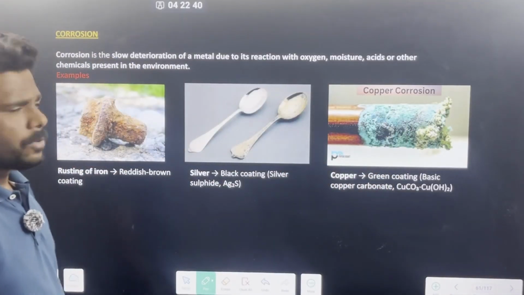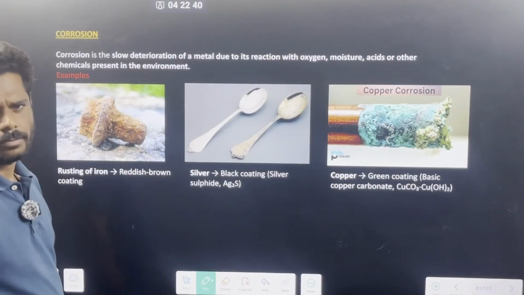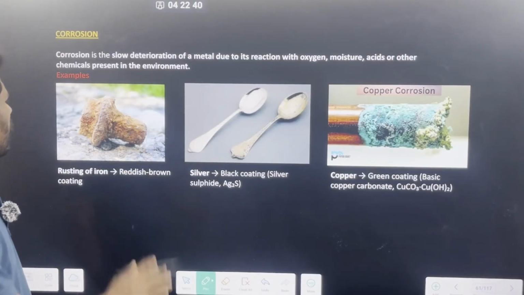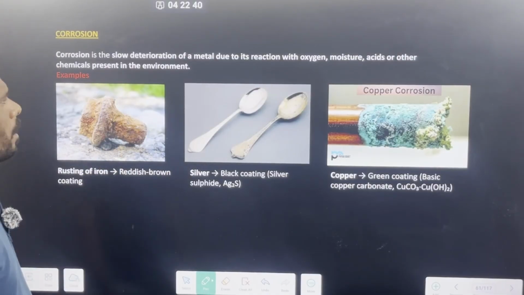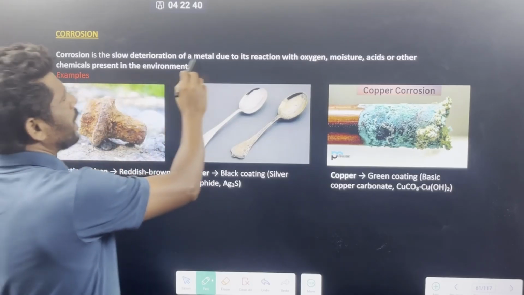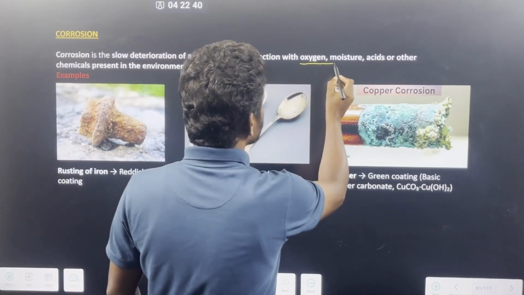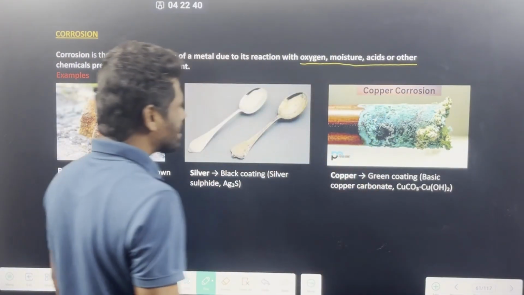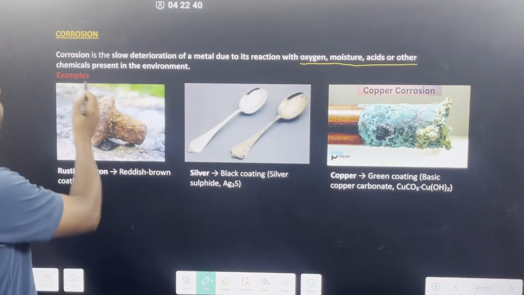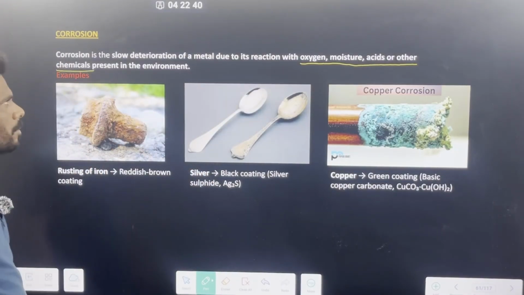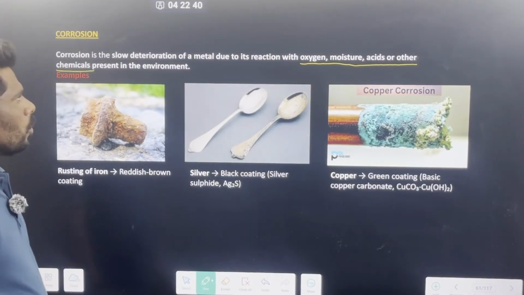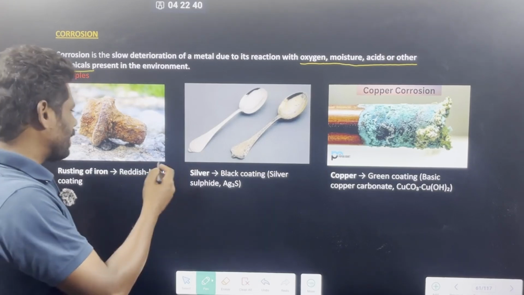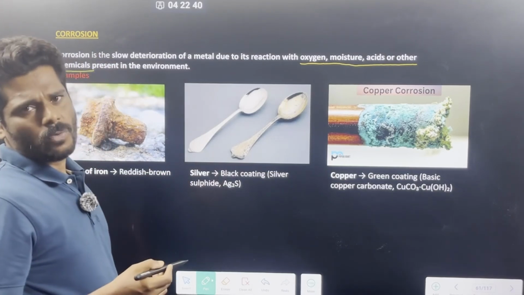answer those questions, first of all, let's see what corrosion is. Metals, upon reacting with oxygen, moisture, acids, and other harsh chemicals, usually undergo deterioration. That is, their oxides are formed.